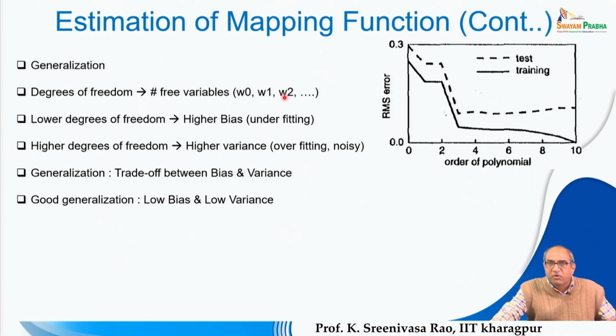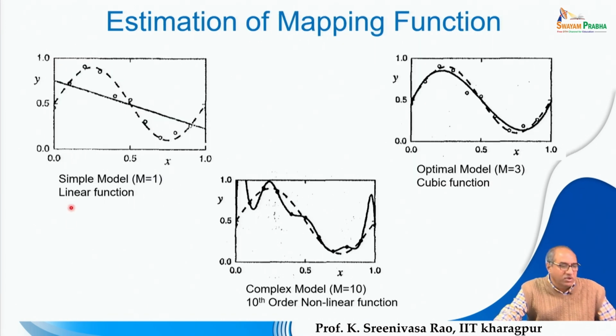So the degrees of freedom is nothing but the number of weight coefficients, or the degree of the polynomial. Lower degrees of freedom give you higher bias, which means underfitting. Here we consider a polynomial of order m equals 1, with only two coefficients, w naught and w 1, which is a linear function.